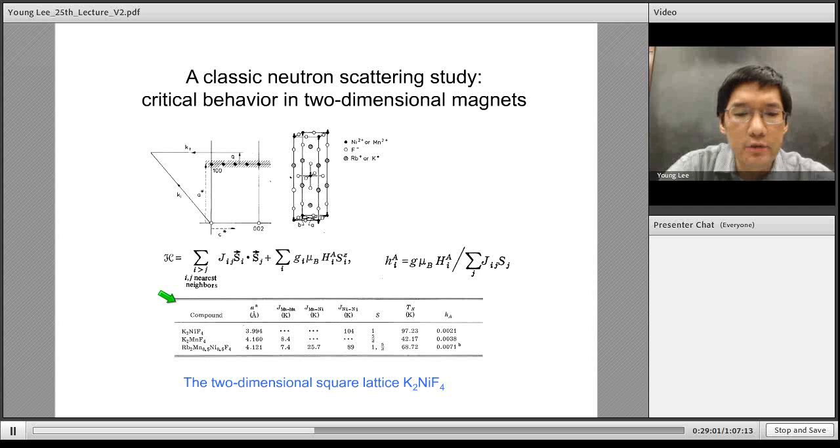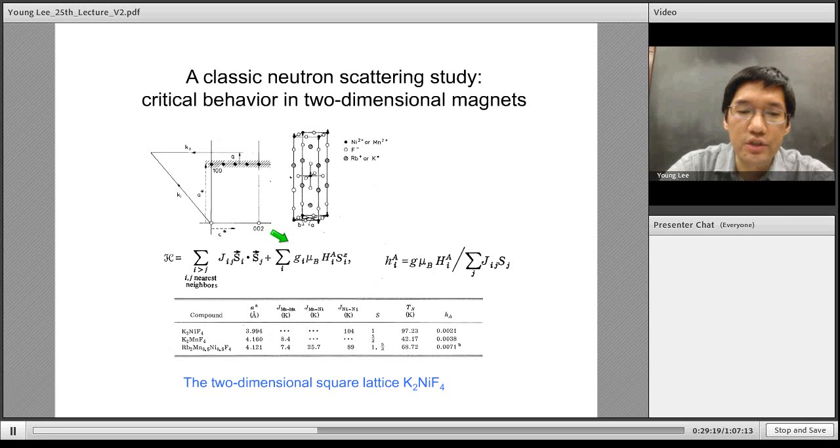All right, but let me say a few more words about the Hamiltonian. So again, here's the crystal structure. They use this Heisenberg Hamiltonian with this additional term, and this is the additional term that's effectively giving you the Ising anisotropy.